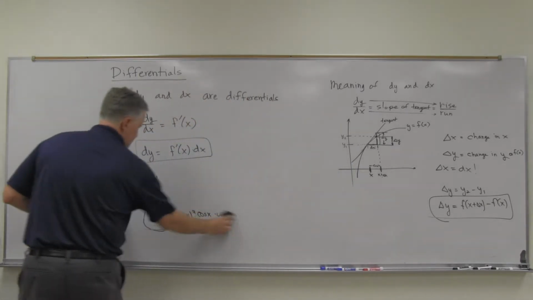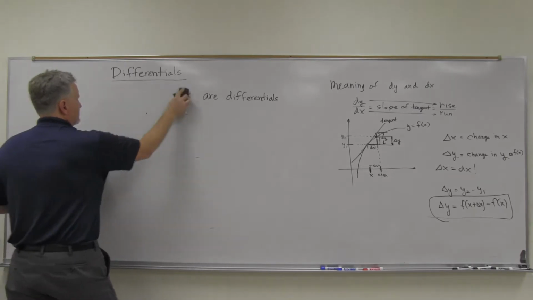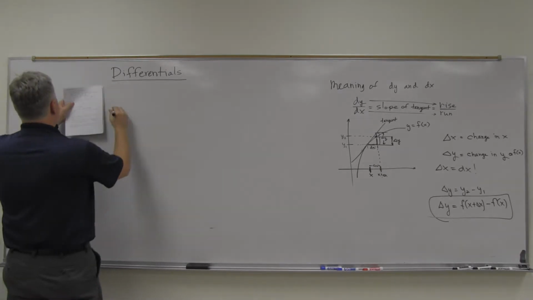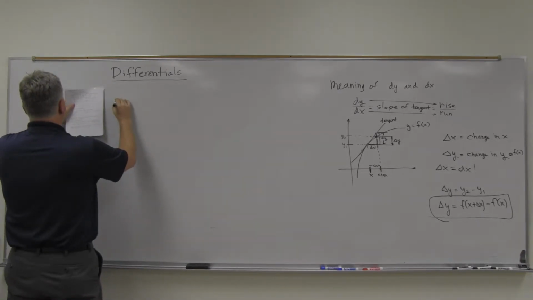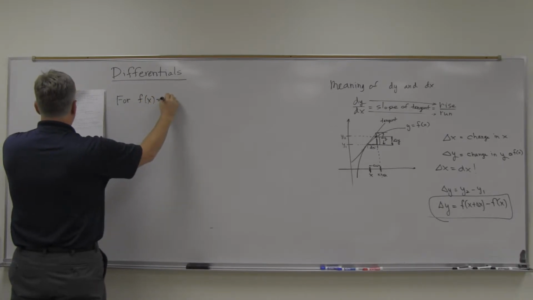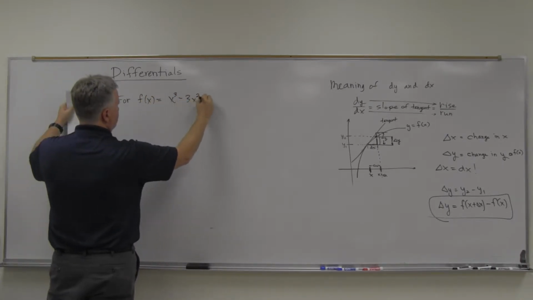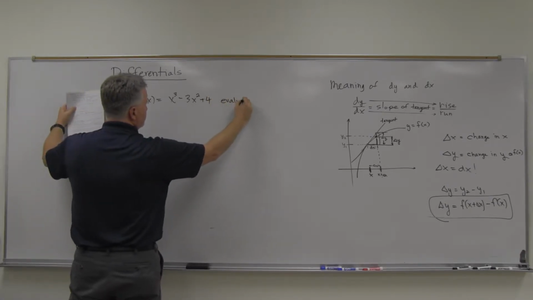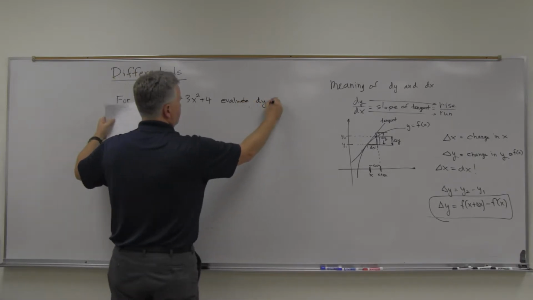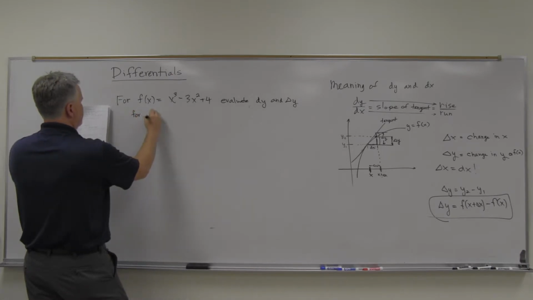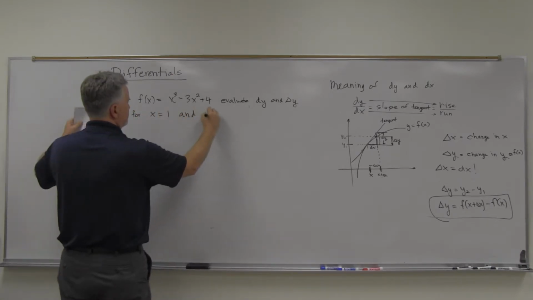So for f of x equals x cubed minus 3x squared plus 4, evaluate dy and delta y for x equals 1 and dx equals 0.5.